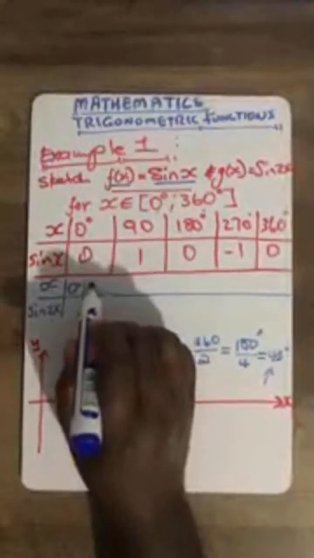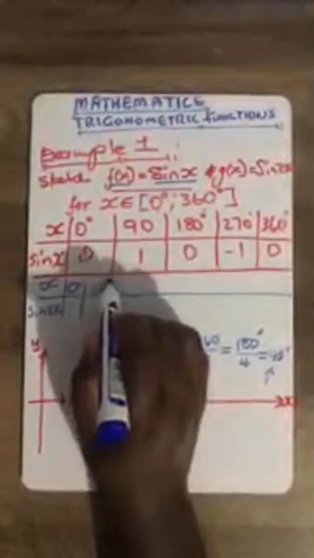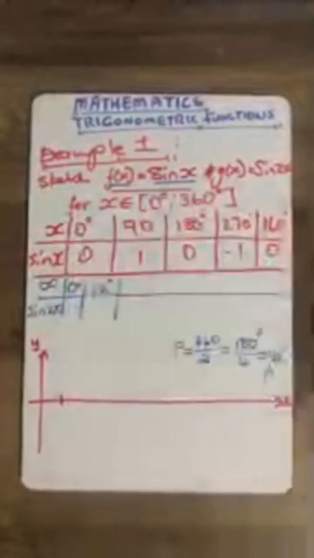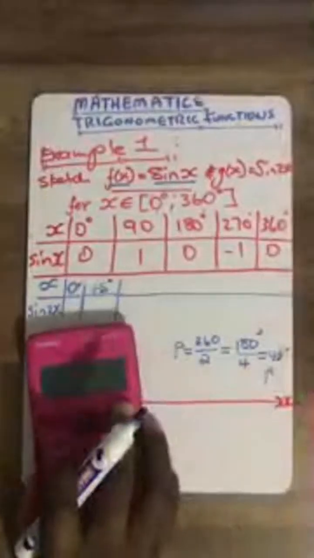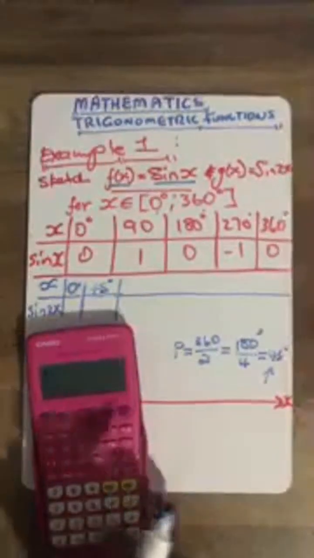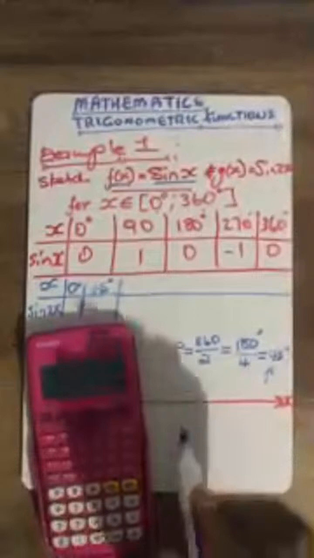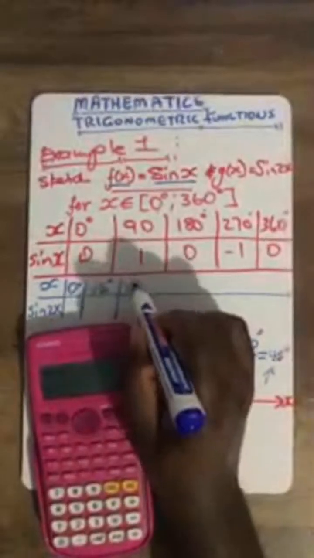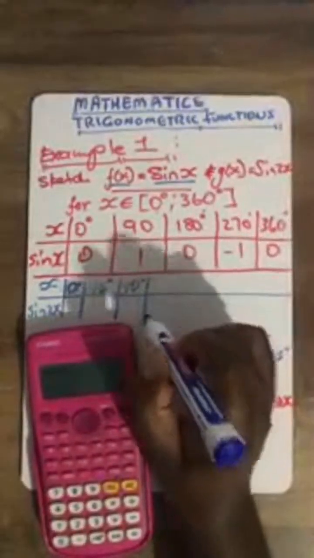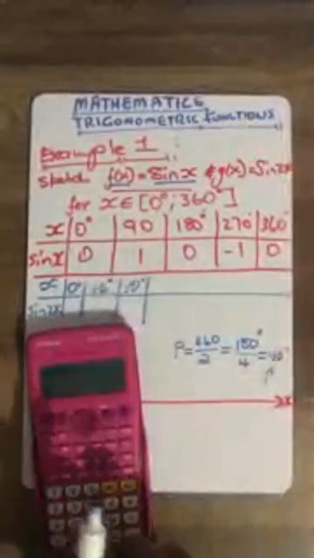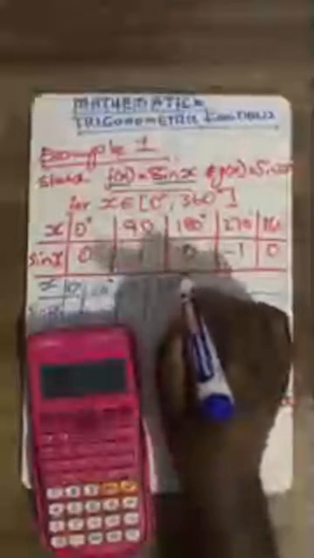So from there, you know that you're going to have 45 degrees there. What will be the next one? So let's see. 45. So you just increase with 45s. So there's going to be 90 degrees. You just add another 45 to know what is the next number. It's 135 degrees.